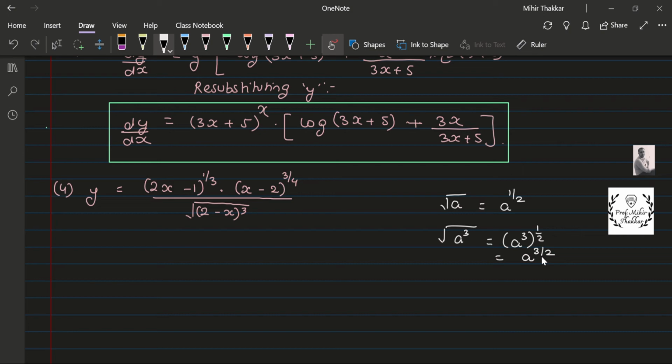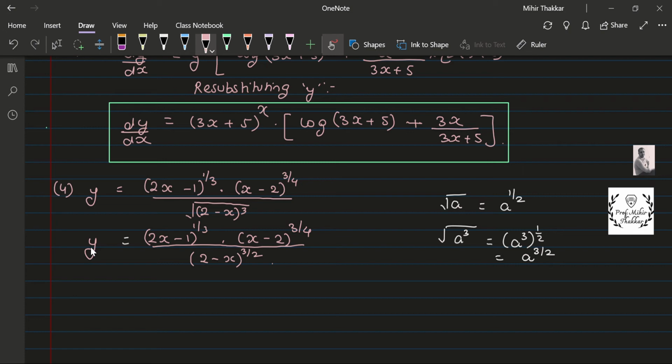So the denominator can be simplified, and y is 2x minus 1 raised to 1 by 3 into x minus 2 raised to 3 by 4, divided by 2 minus x raised to 3 by 2.